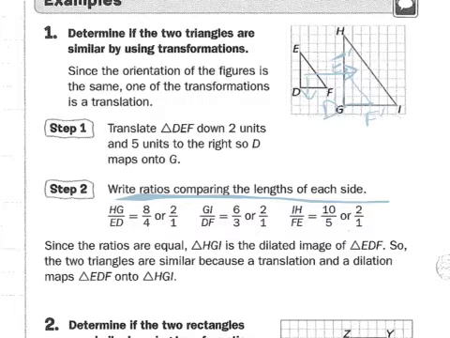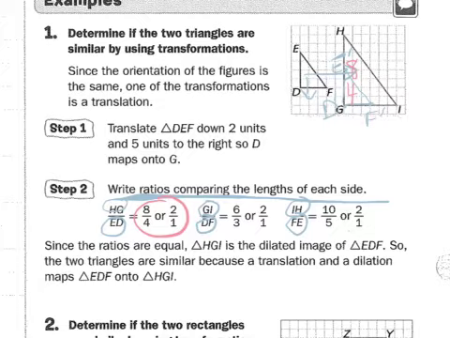I've got HG would correspond to ED, and then GI would correspond to DF, and then IH would correspond to FE. Well, if I count how big HG is, 8 blocks or 8 units, and ED is 4 blocks or 4 units. So I just write a ratio or a fraction, 8 over 4, and that reduces to 2 over 1.